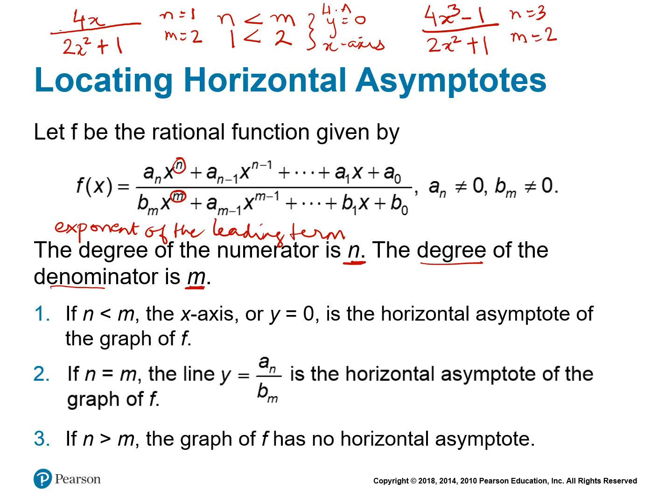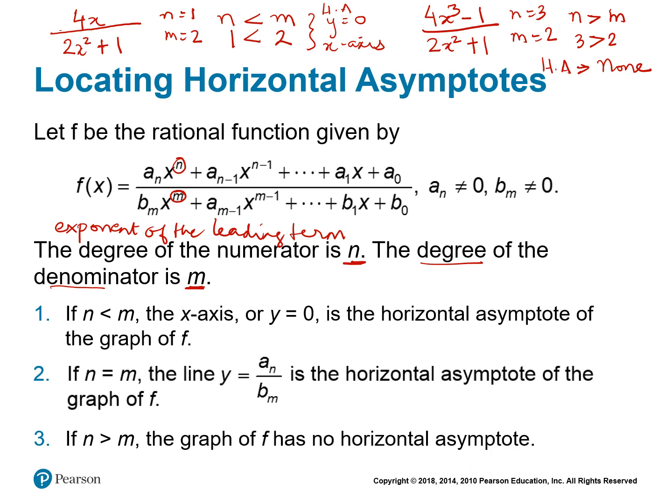All right, now we compare n and m. Is n greater than m? Yes, right? In this case, n is 3 and m is 2. 3 is greater than 2. So the horizontal asymptote will be none. There's no horizontal asymptote because rule 3 applies. If n is greater than m, the graph of f has no horizontal asymptote.